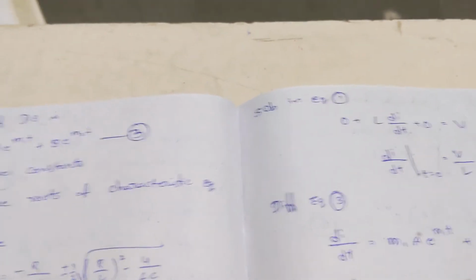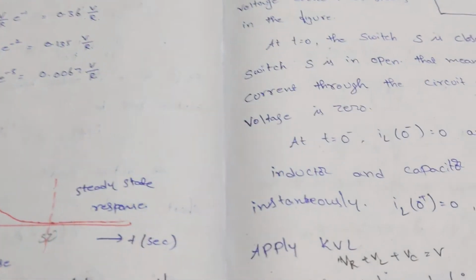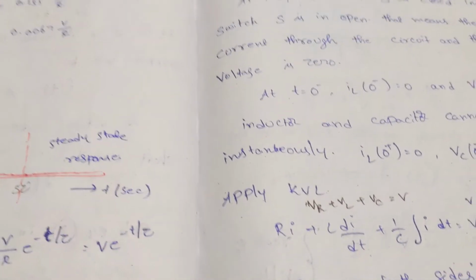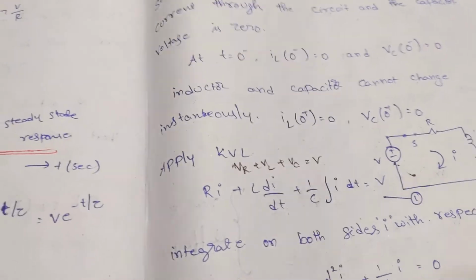Now we are supposed to find out what will be the a. To find that, we simply replace in our equation number 1, that is nothing but your KVL equation.